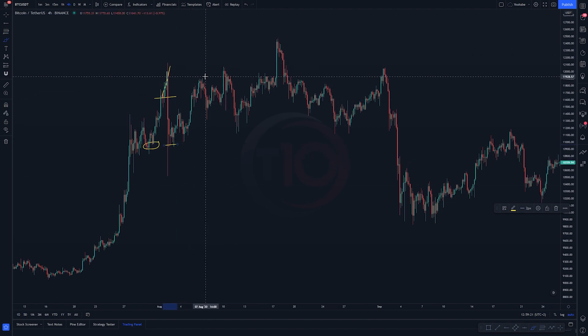But first, they did a retest of this range, and we got a decent pullback from it. Testing the lower highs of this range. So makes sense. Went higher. Right. Finally went higher. Still haven't gone above this range yet, but we went higher.